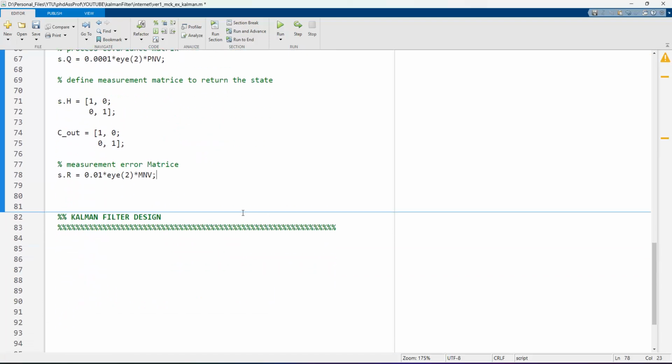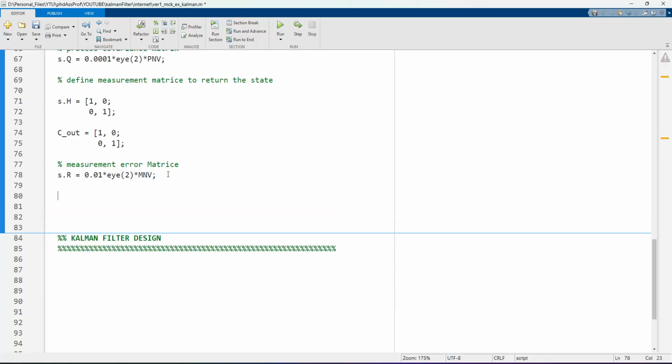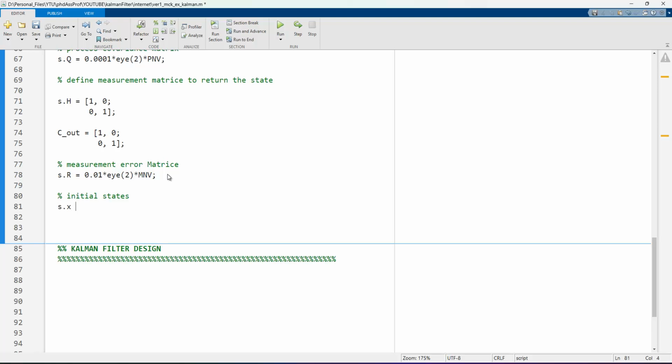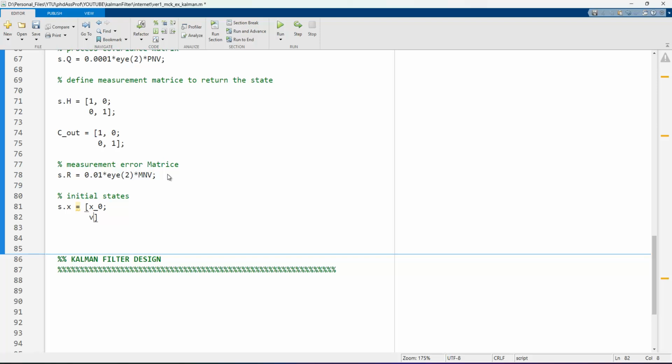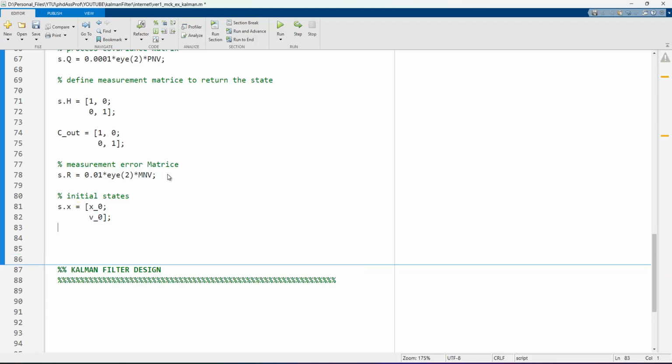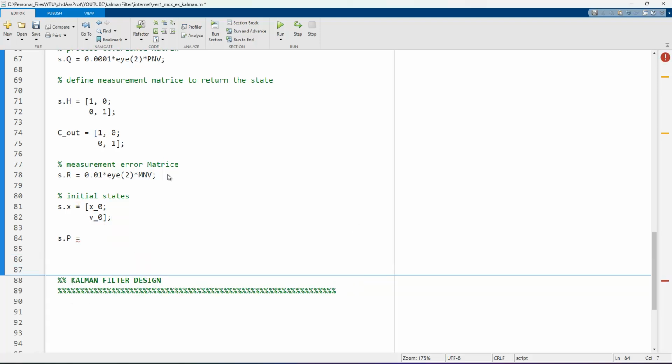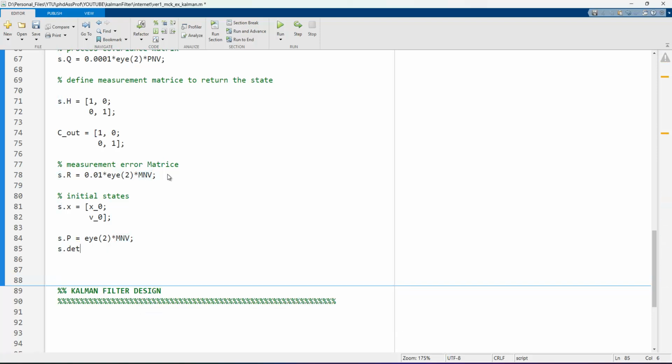So after that we need to give the initial states as x0 and v0 value. Okay, and SP, the covariance error matrix, is initialized with 2 times m and v. Okay, and also the p value, determinant of SP. This directly relates to the values of the trace.